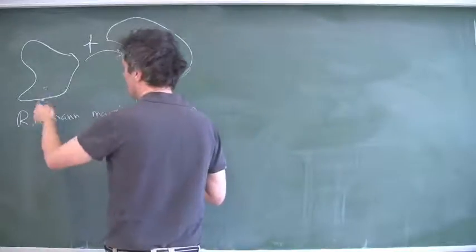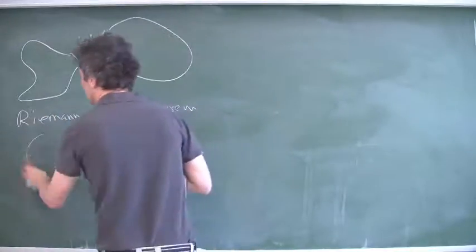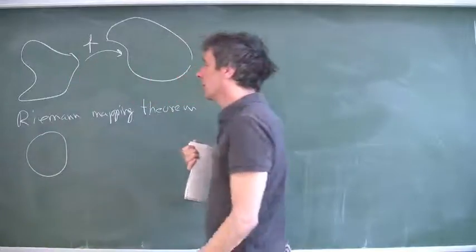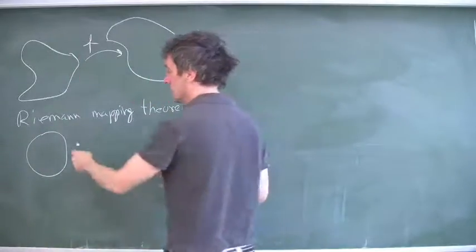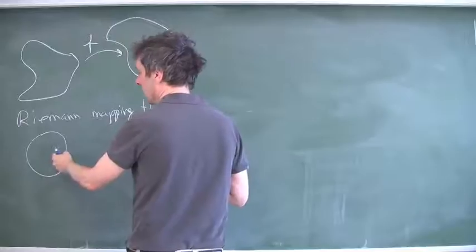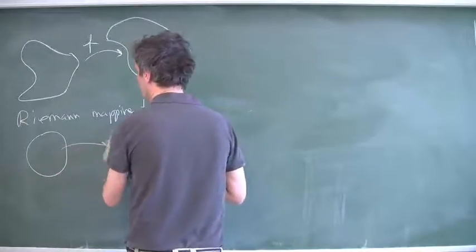That is, you can actually find an analytic function which is a bijective map of the unit disk onto that set.